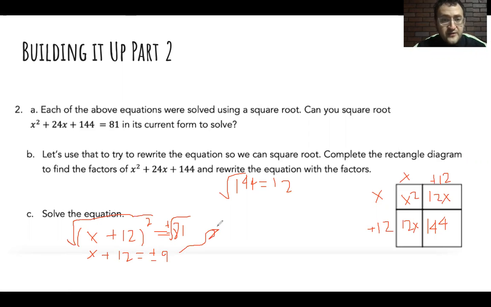So what this effectively means is that x plus 12 equals 9, or x plus 12 equals negative 9.